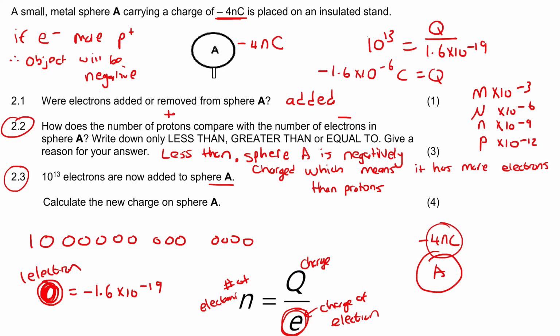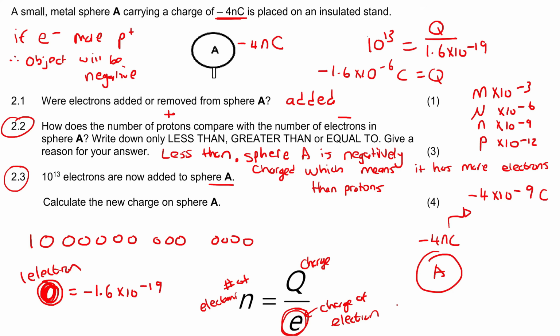So if we have this one, then we could rewrite it as -4 times 10 to the negative 9 coulombs. Okay. So imagine you have this charge, which is -4 times 10 to the negative 9, and then you add even more negative things to it. What would the overall charge be?